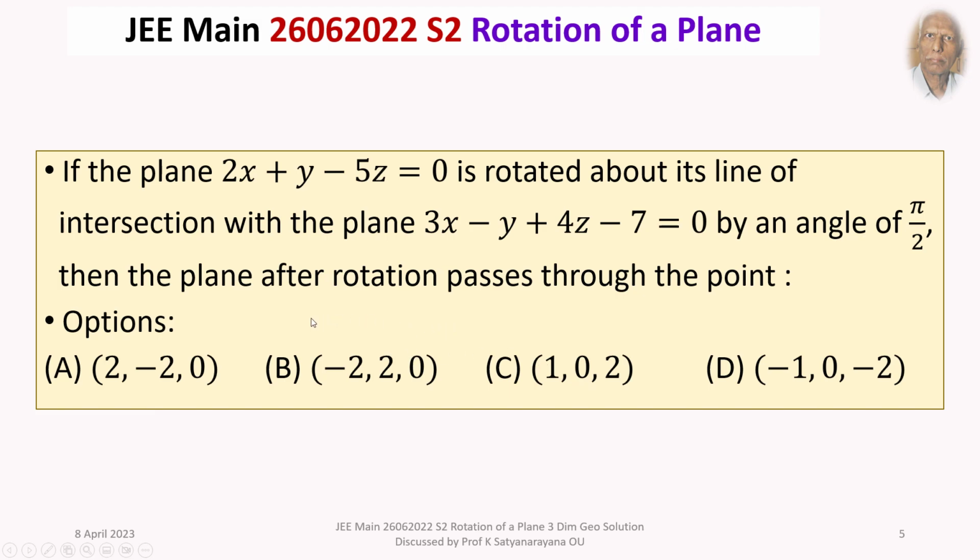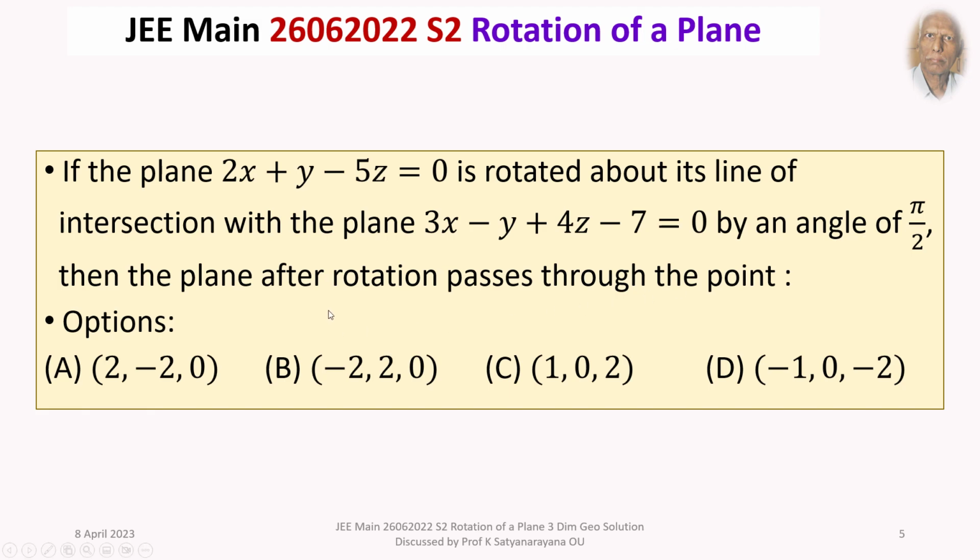We are given two planes. The first plane is 2x plus y minus 5z is equal to 0. The second plane is 3x minus y plus 4z minus 7 is equal to 0. The first plane is rotated about the line of intersection of this plane with the second plane by an angle pi by 2.